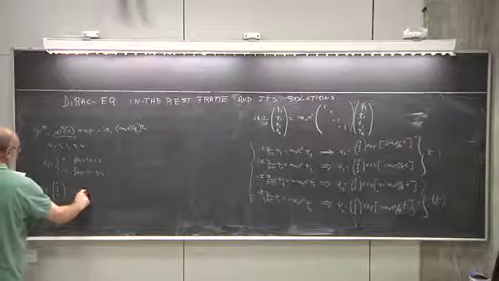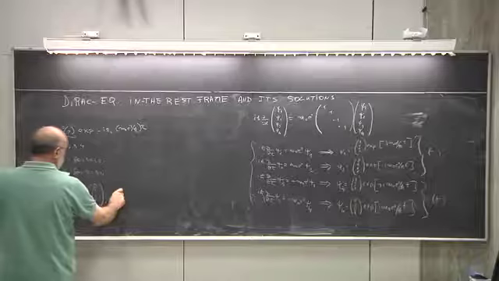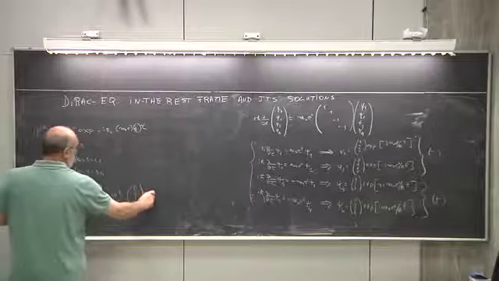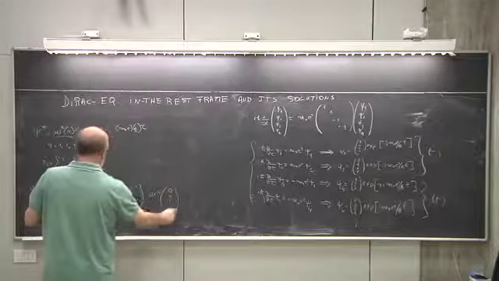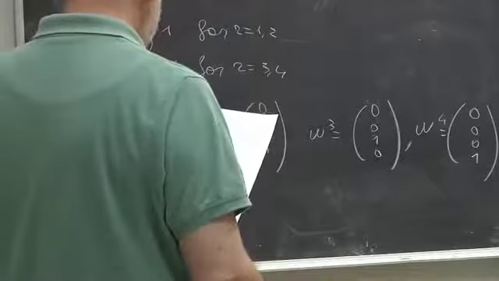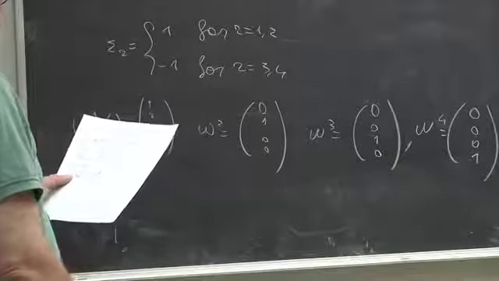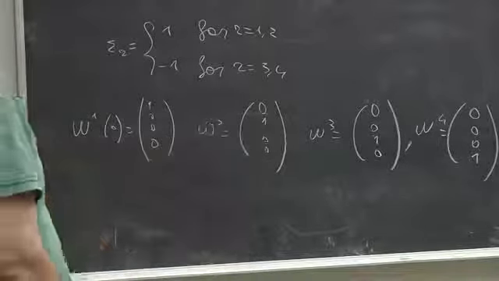Omega 2 is 0, 1, 0, 0, omega 3 is 0, 0, 1, 0, omega 4 is 0, 0, 0, 1. These are called basic spinors, and they are easy to remember.